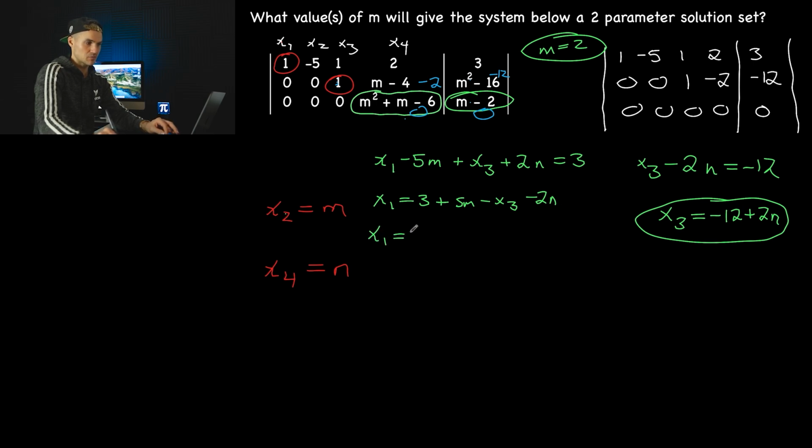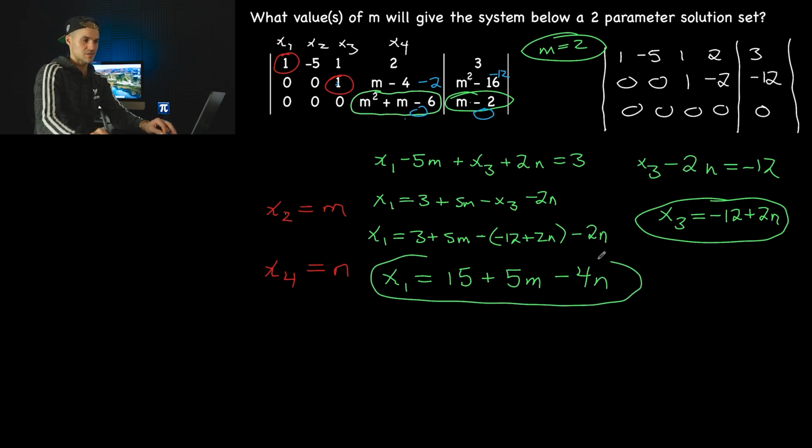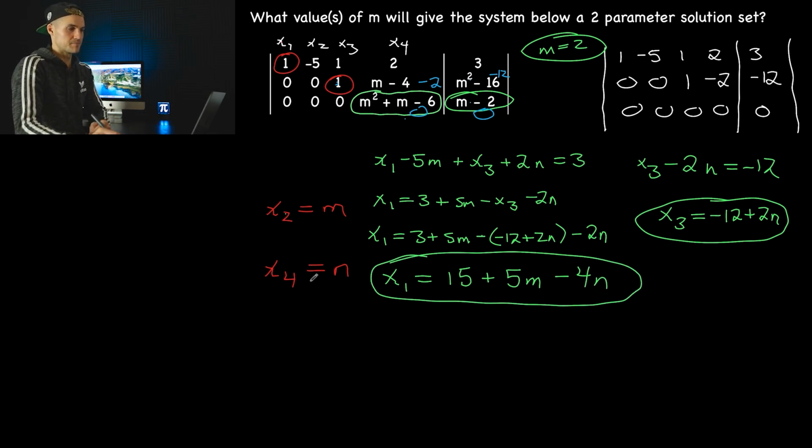We would have x1 equals 3 plus 5m minus, in brackets, negative 12 plus 2n, minus 2n. And so notice that x1 is basically going to end up being 3 plus 12, which is 15, plus 5m, and then minus 2n minus 2n, which is minus 4n. So that's what x1 is going to be.